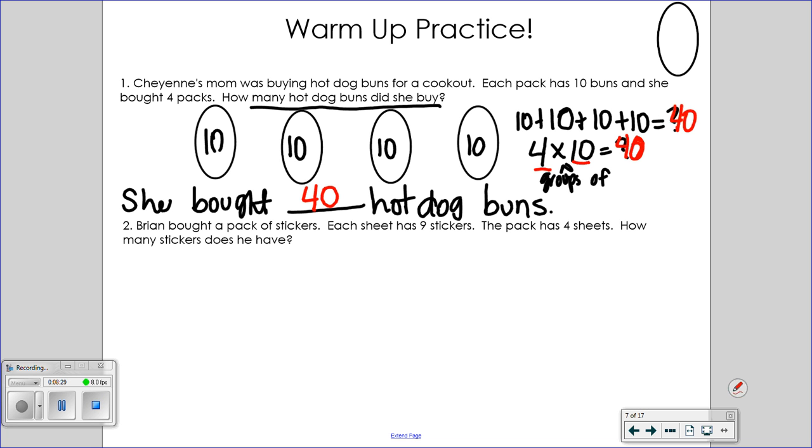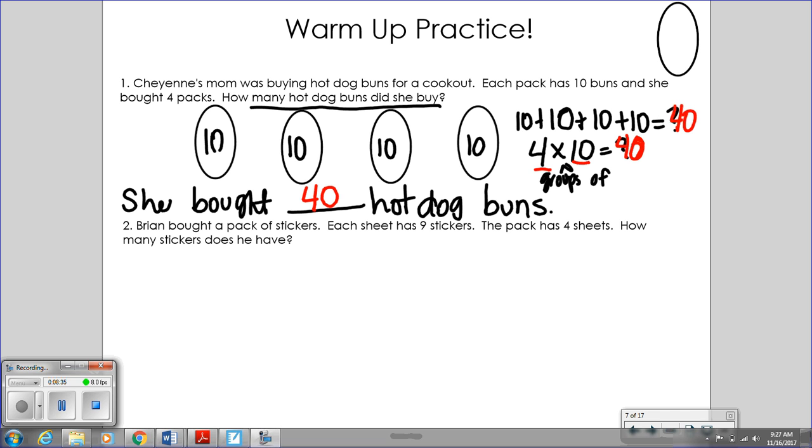All right, let's move on to the next one. Go ahead and start copying that into your notebook, please. We have signals. All right, so Brian bought a pack of stickers. Each sheet in that pack has 9 stickers, and the pack has 4 sheets. How many stickers does he have?